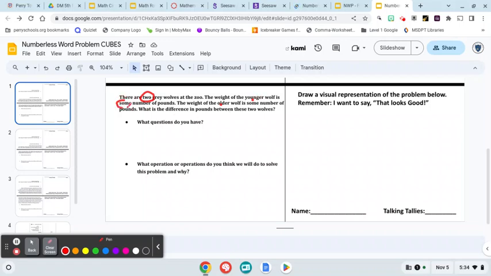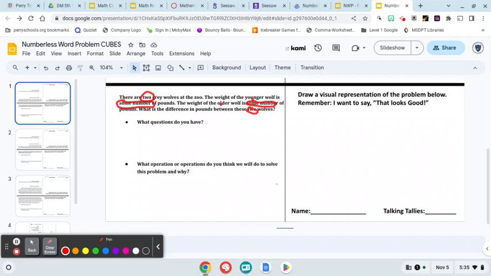I don't know the number of pounds that the younger wolf weighs. I also don't know the number of pounds that the older wolf weighs. So I'm going to circle those because I don't know that number, but it is something important. And then again, we have those 2 wolves again. So that's the C step of cubes.